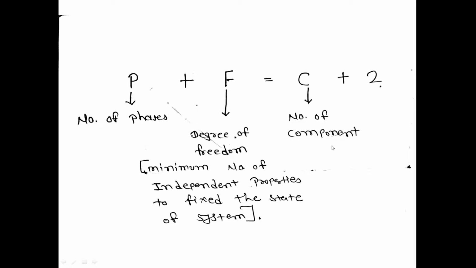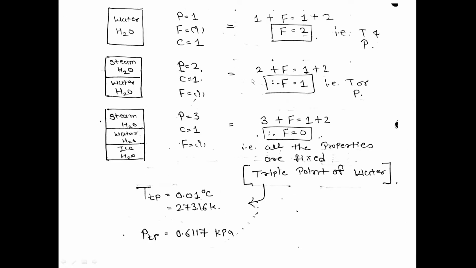Number of independent properties to fix the state of the system. We will see this from this figure. Let us consider a phase, only one phase, that is water, H2O.